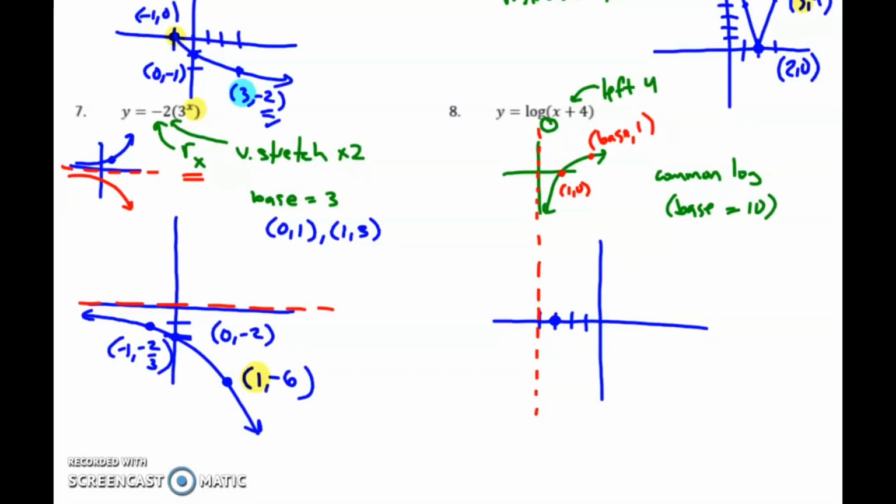So I'm going to go over 10, up 1. So 1, 2, 3, 4, 5, 6, 7, 8, 9, 10, up 1. And I'm sketching this in here. So this key point over here is -3, 0.